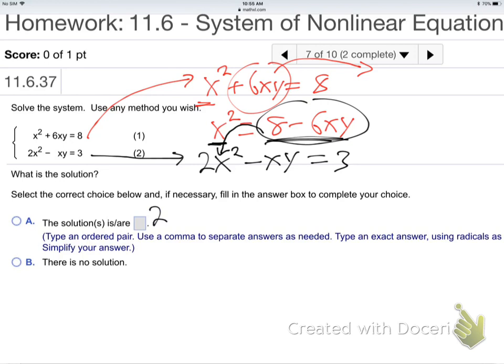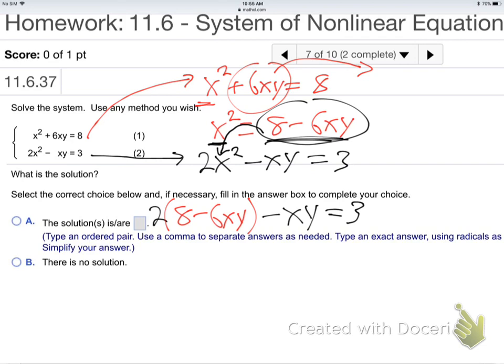So this becomes 2 times, and what is x squared? 8 minus 6xy, minus xy is 3. So I just replaced x squared with 8 minus 6xy.